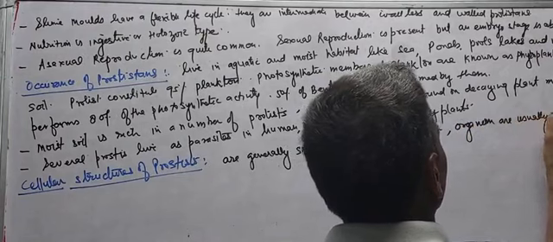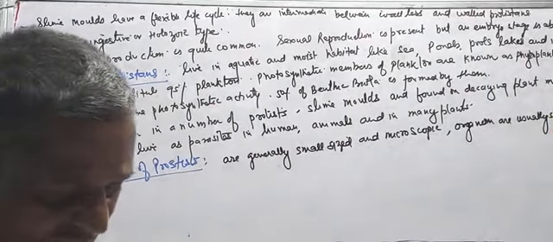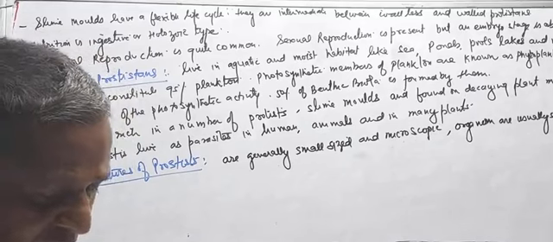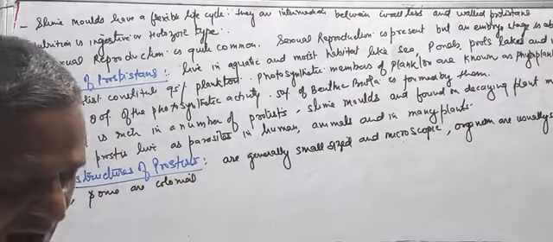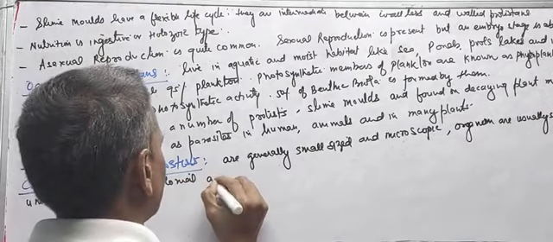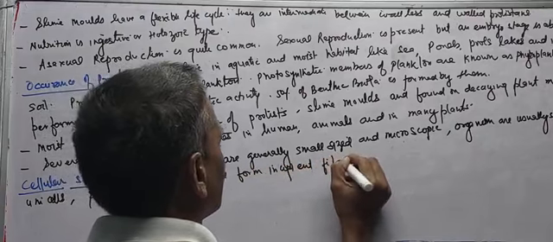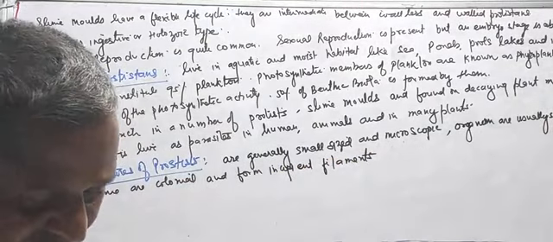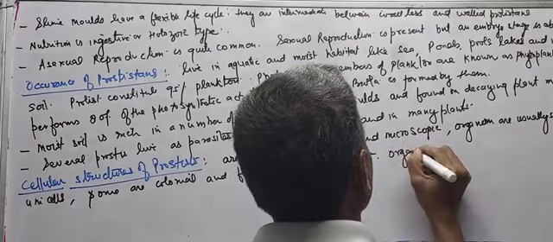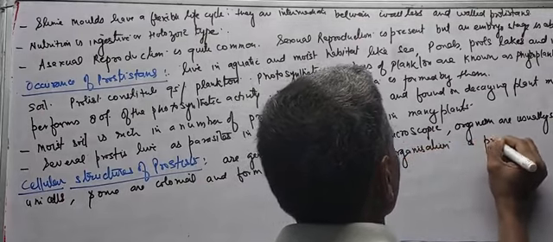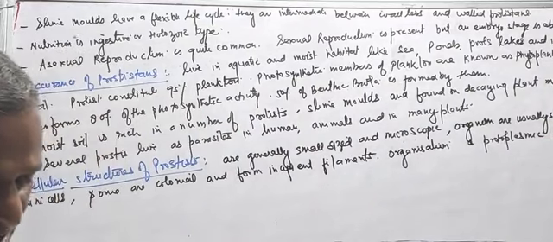Some are colonial and form incipient filaments. Organization is protoplasmic.